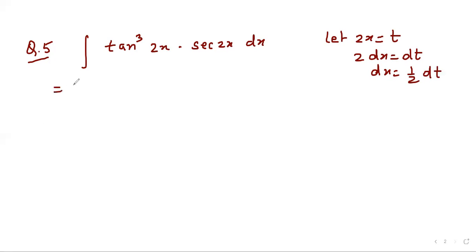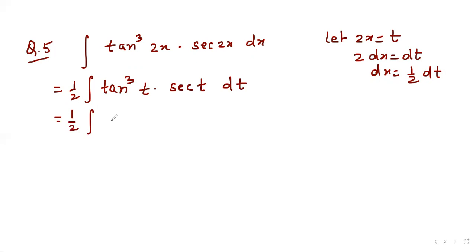So our question becomes 1 by 2 integration tan cube t sec t dt. Now we write it like tan square t times tan t into sec t dt.